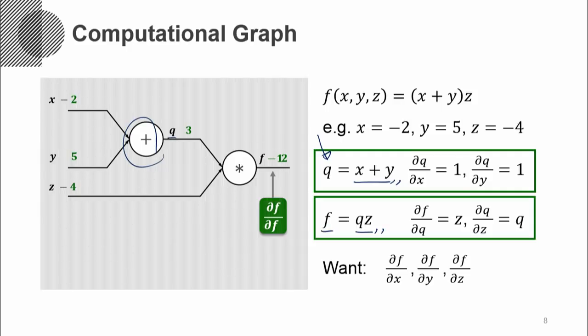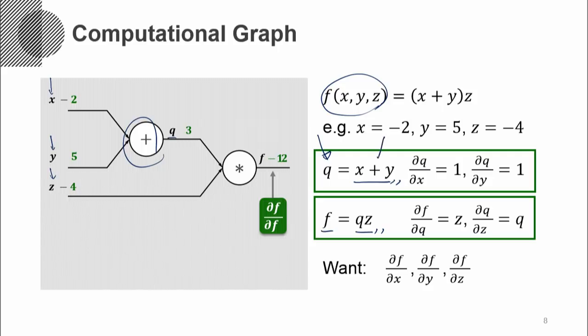And in this computation graph, what we want to do is to obtain the partial derivative or gradient with respect to each individual variable for our function. So what we can do here is that we can compute all the partial derivatives with the input variables as well as those intermediate variables.